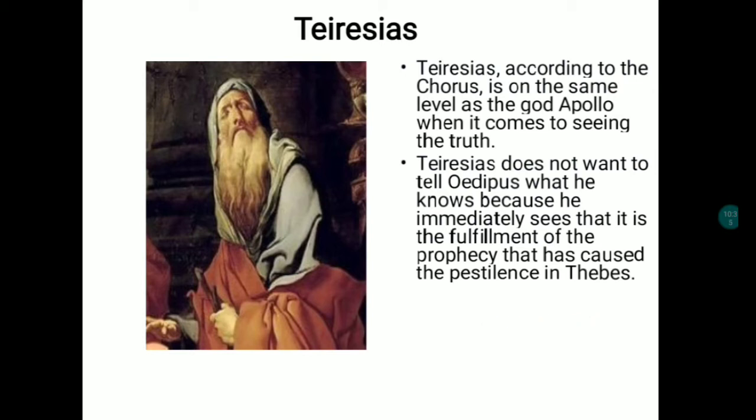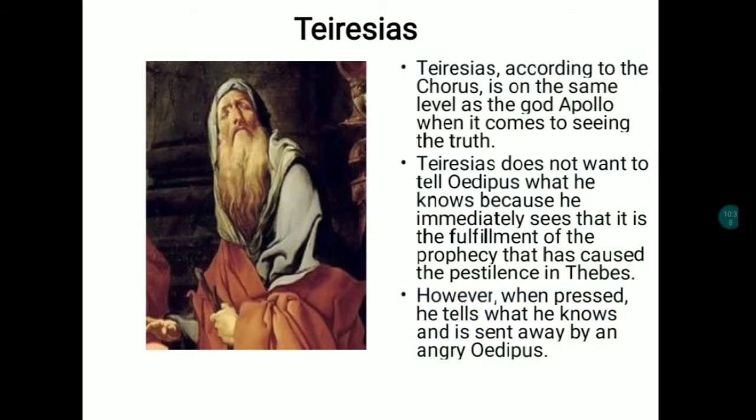But in the circumstance of the play, he told everybody that Oedipus was the actual murderer of the king, and he was the ultimate reason for this plague by which all the people of Thebes are suffering.